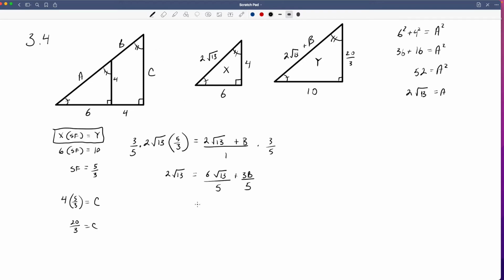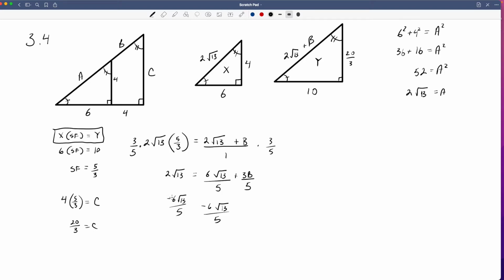Yes, minus 6 times the square root of 13 over 5 minus 6 times the square root of 13 over 5. So what I've got to do now is I've got to convert this. So what I need to do is say 2 times this. So I'll have 10 times the square root of 13 over 5.